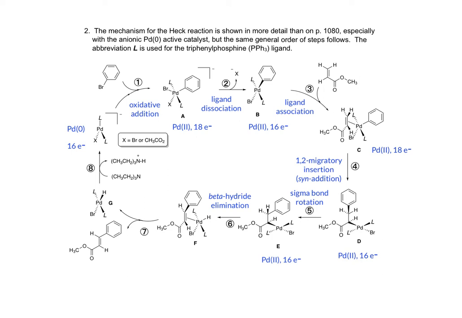Beta hydride elimination transfers a hydrogen that is cis to palladium to give a palladium hydride coordinated to a new alkene ligand, compound F.